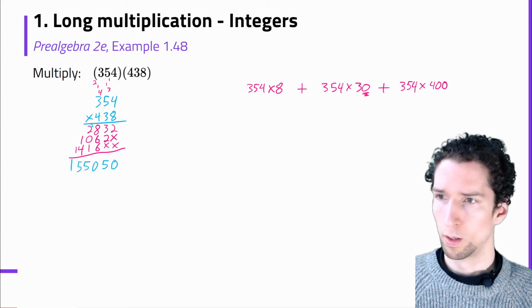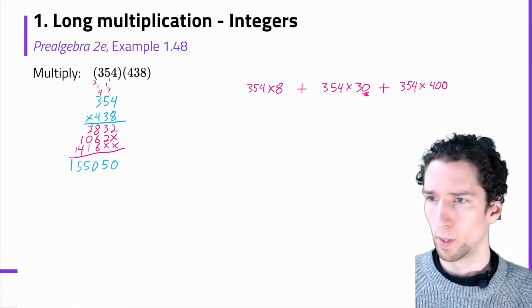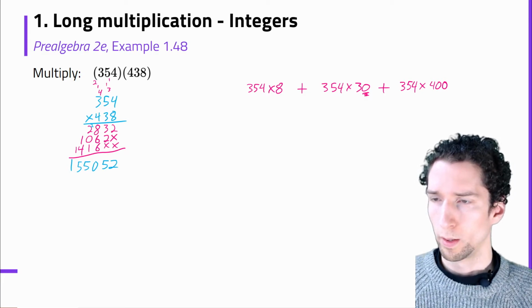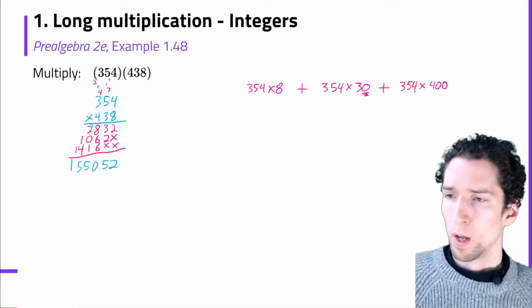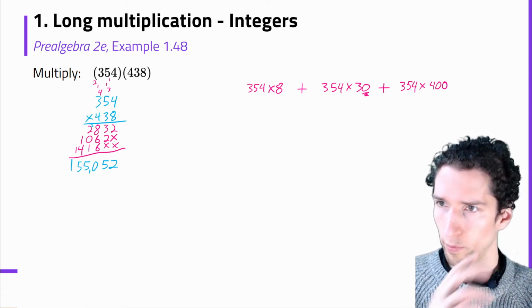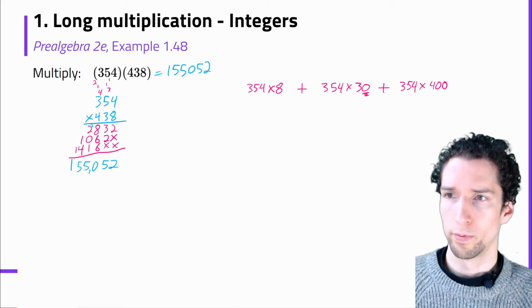And I don't know why I wrote a 0 in that first position. Sorry, let me correct that. That's a 2. There we go. The rest were zeros. So 155,052 is our final answer here.